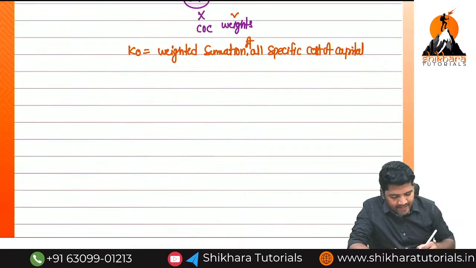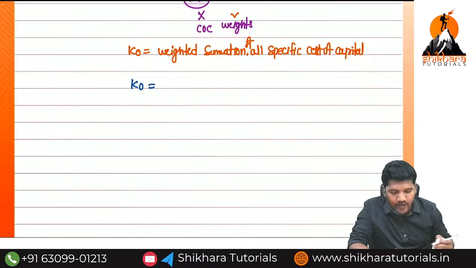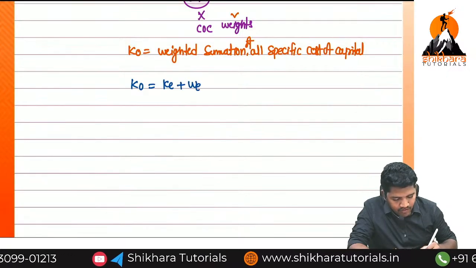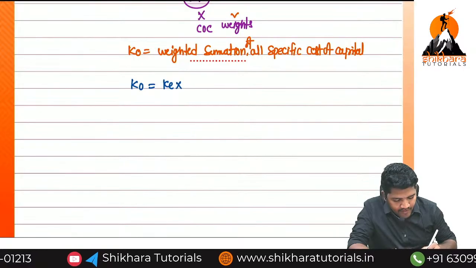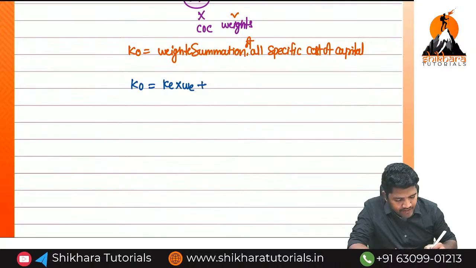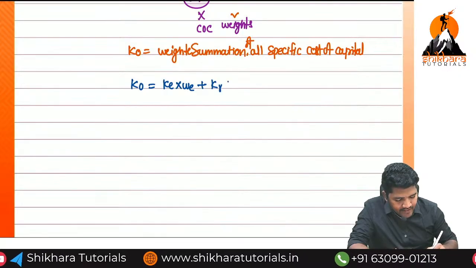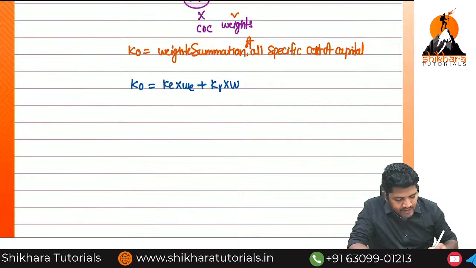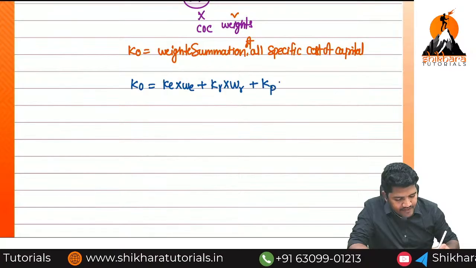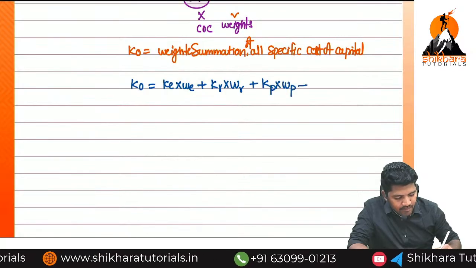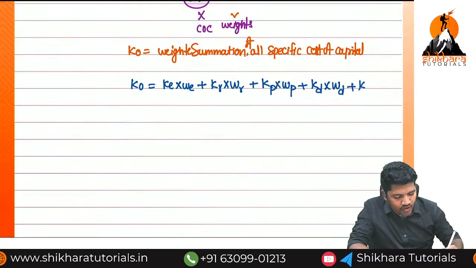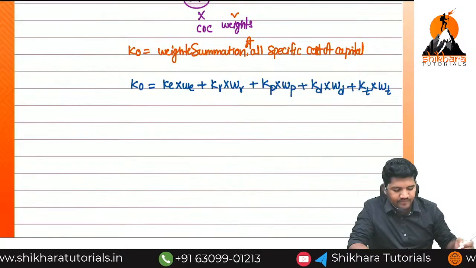Now when it comes to the calculation part, listen carefully. KO equals cost of equity into weight of equity, plus cost of retained earnings into weight of retained earnings, plus cost of preference into weight of preference, plus cost of debenture into weight of debenture, plus cost of term loan into weight of term loan.